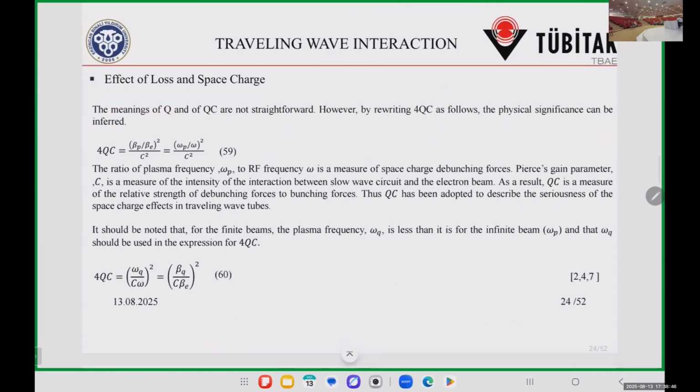So we can say that the meanings of space charge parameter Q and QC are not straightforward. However, by rewriting QC as follows, the physical significance can be inferred by using equation 58.